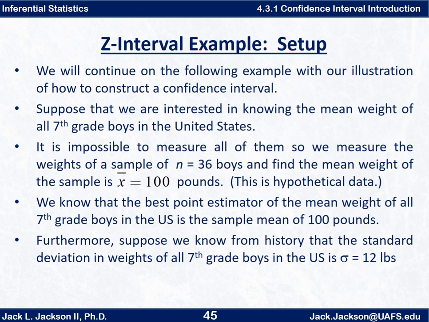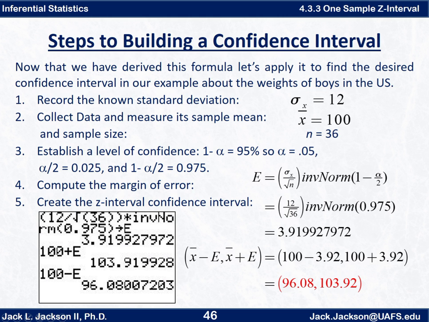And we know this is the best point estimator, but what we want to do is use this to develop a confidence interval estimate. And furthermore, let's say that we know from past history somehow that the standard deviation of the population of individual boys' weights in this category is 12 pounds.